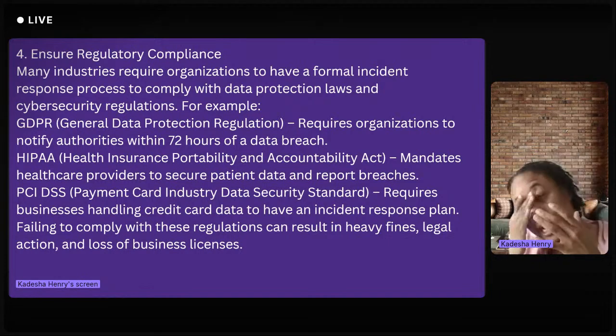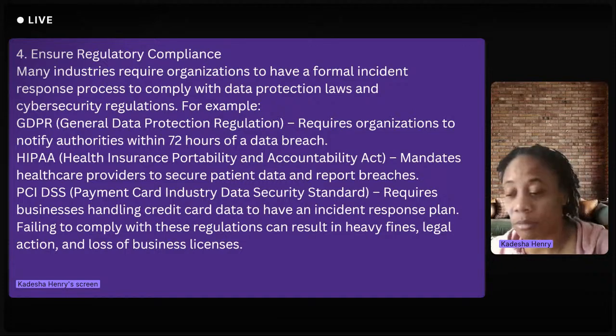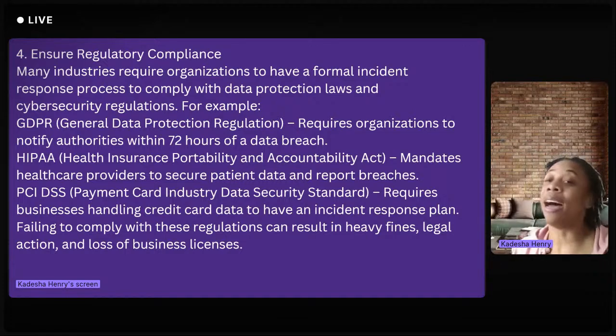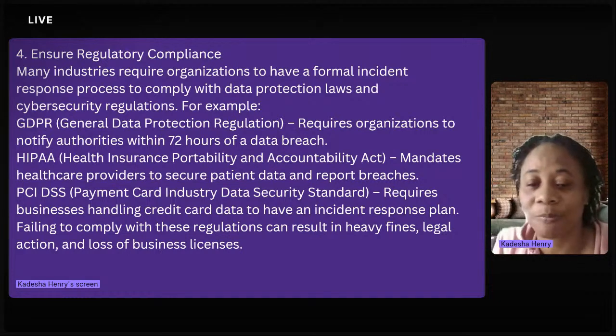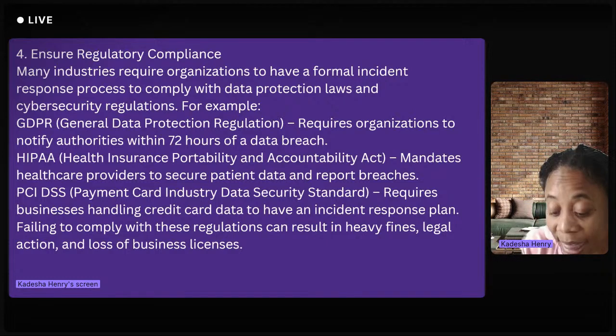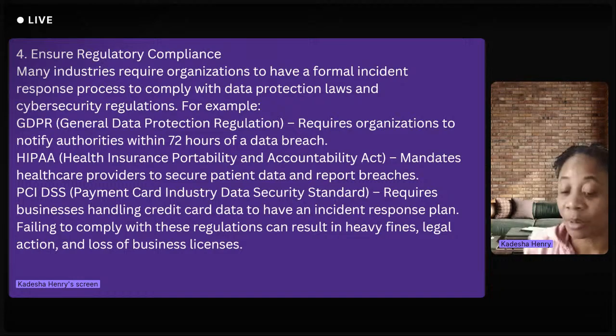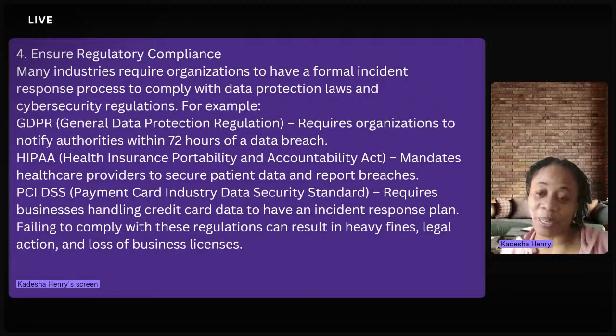So you are not saying to these regulatory bodies that you have them in place just to get the license, and then bam, something happens. What are you going to do? Because it is there that you said you had them in place, but to find out later that you don't have it is another story.